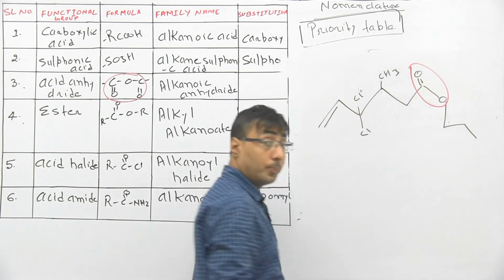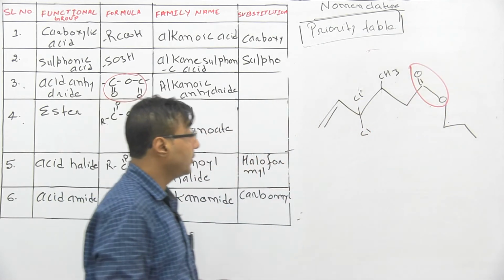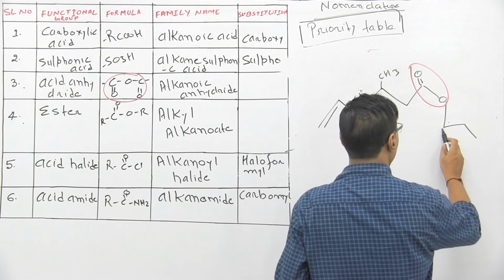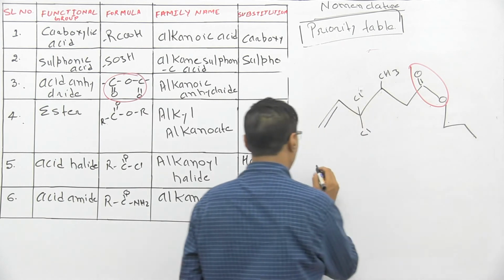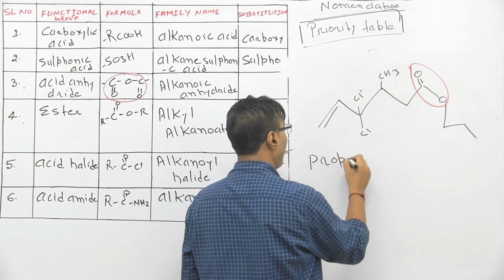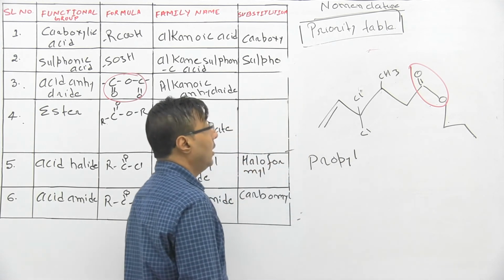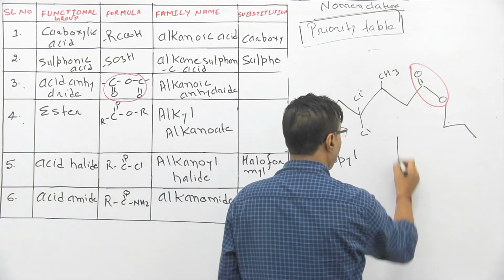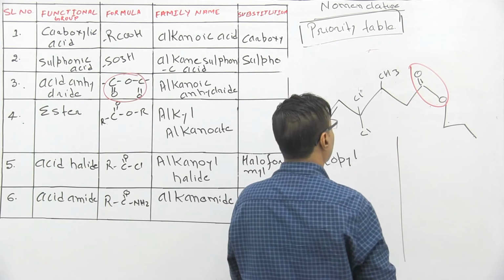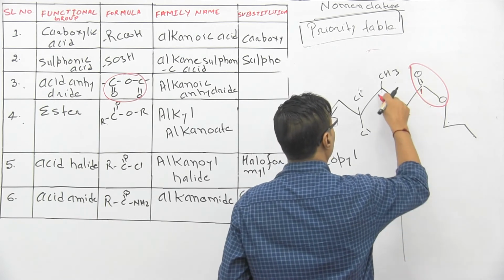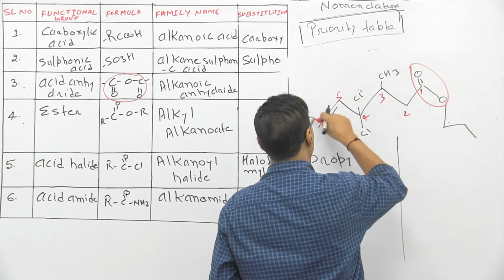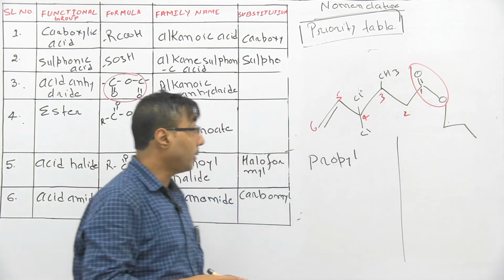This is the ester group and the name is, how many carbon on this side? 1, 2, 3. So the name is propyl. And what is the name of this compound? How many carbon is there? 1, 2, 3, 4, 5, 6. 6 carbon is there.